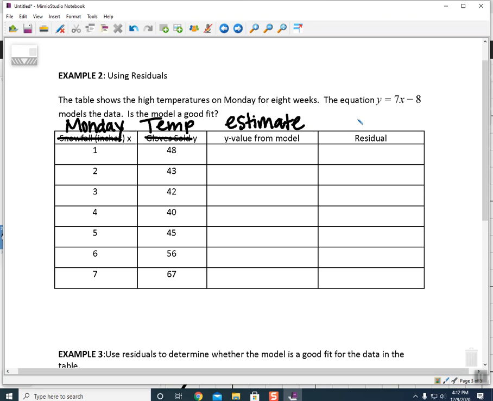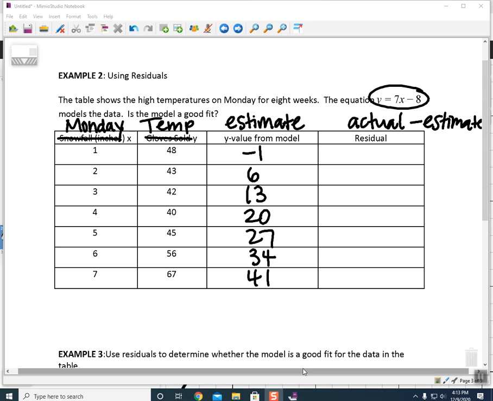And then this is my actual minus my estimate. And we're just plugging these in. So here's the equation that I'm working with, y equals 7x minus 8. And I'm just going to plug these in. So you go ahead and plug those in, and you can check your answers with mine when you're done.